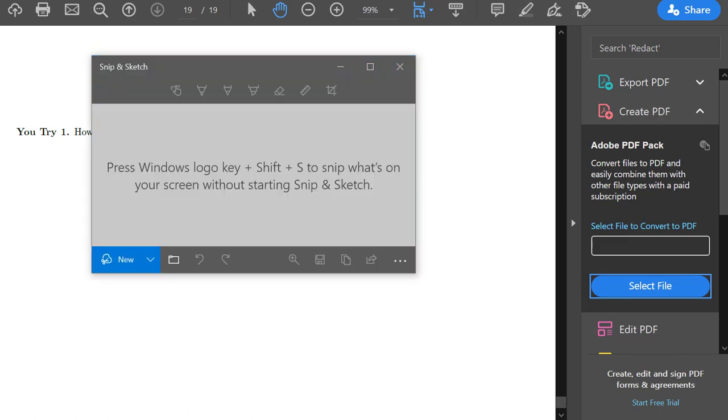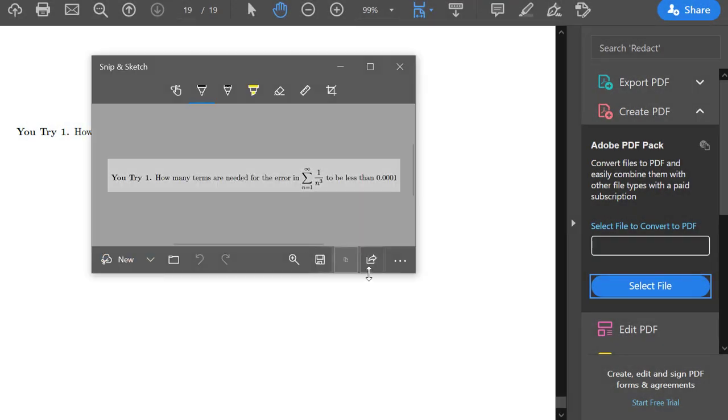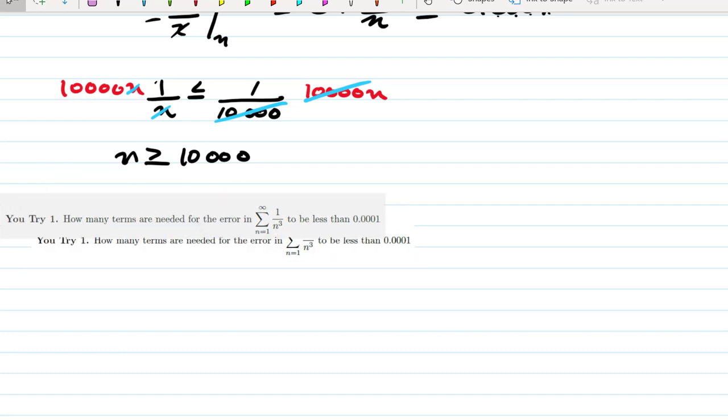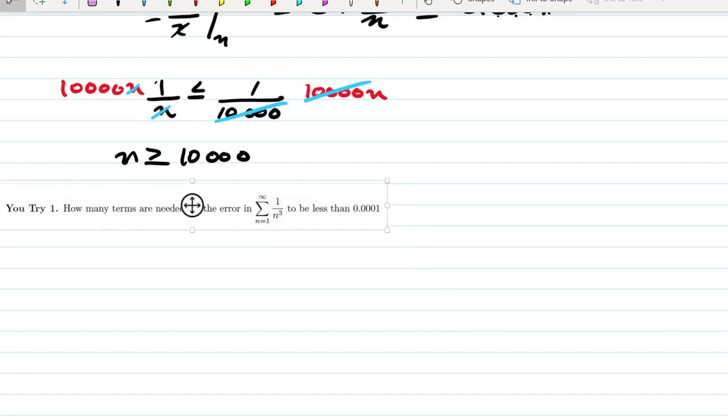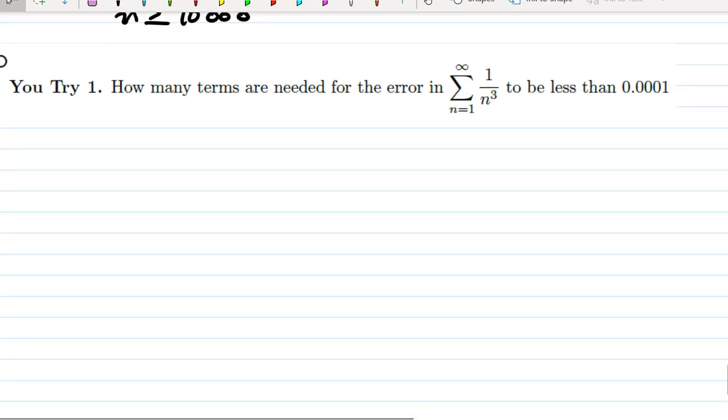Now it's your turn. So how many terms are needed for the error in the sum as n goes from 1 to infinity of 1 over n cubed to be less than 0.0001?